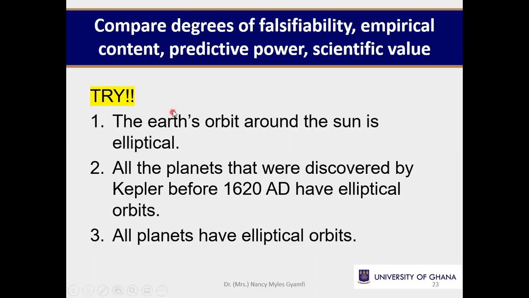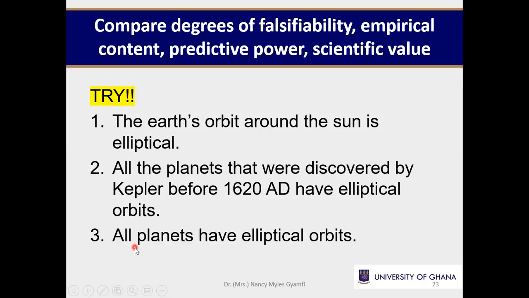And how do we determine that? We look at the reference class. If I asked which of them will be easier to prove, in other words, easier to verify or confirm, whatever term you want to use, I'm talking about which of them can be made true easily, then it would have been 1 because it has less empirical content. It refers to a smaller number of things, so you can easily check it compared to 2, compared to 3.